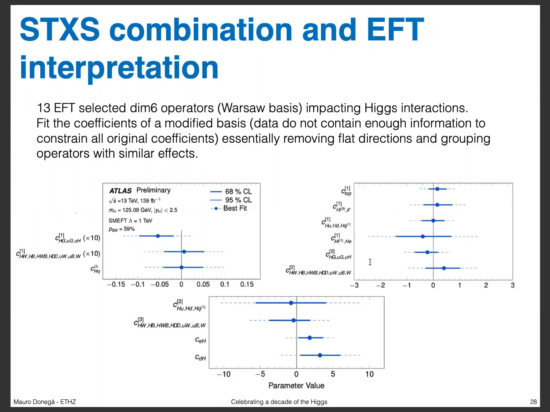And so what they've done is to play a trick. It's a kind of principal components analysis, if you want. So they take the 13-dimensional basis and they produce a rotation that effectively groups together operators that have similar effects on data and tries to get rid of a flat direction. A flat direction is essentially a direction in this 13-dimensional phase space where the data have no information.